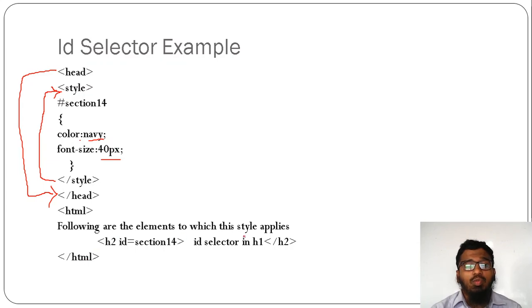Following are the elements to which this style applies, like H1 ID equals section 14. Where is section 14? Section 14 is this. ID selector in H1: this color will be navy and the size will be 40. So with the help of ID also you can style the element.